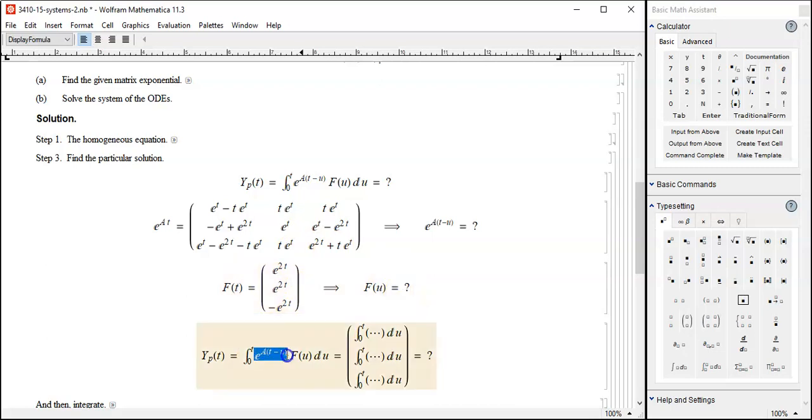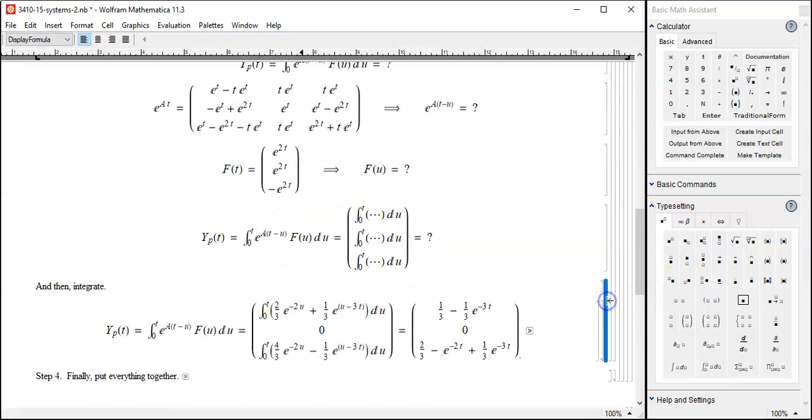And once you have the integrand by matrix multiplication, then you have 3 integrals to calculate because we have those 3 components. Good luck. Once you do all those and integrate, you're going to get the appropriate answer, and here's the answer. If you do it right, you're going to get this.